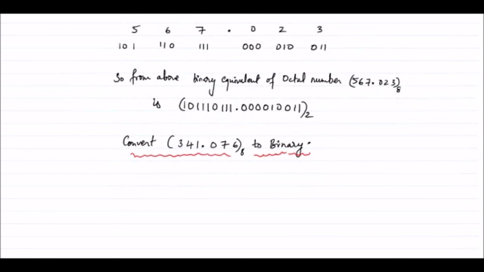So I'll write for your convenience, 3 is 011, 4 is 100, 1 is 001, point 0 is 000, 7 is 111, 6 is 110. Okay.